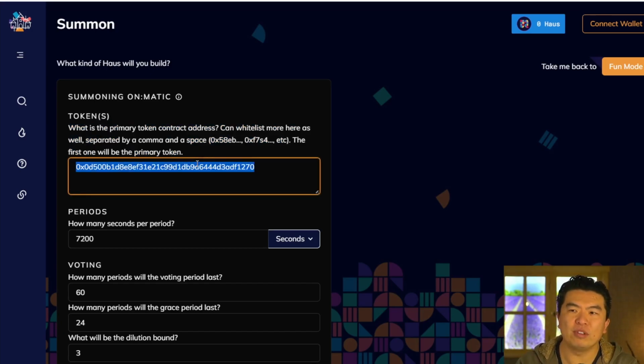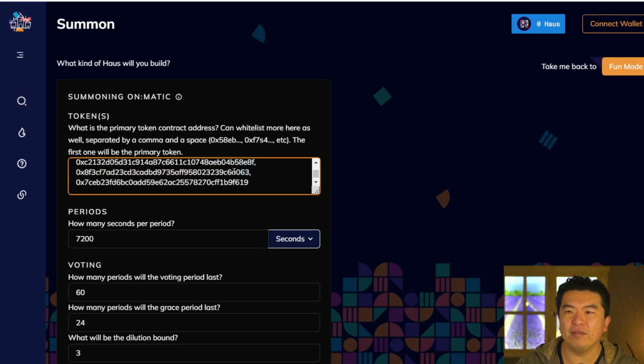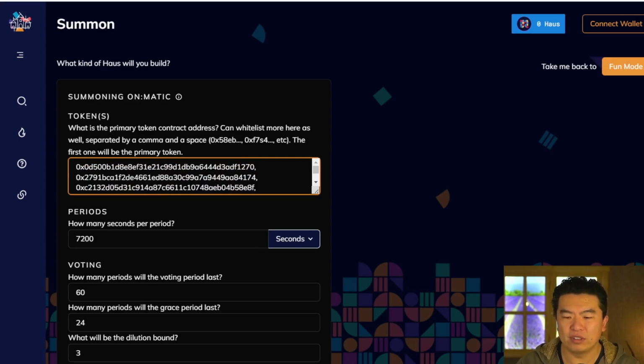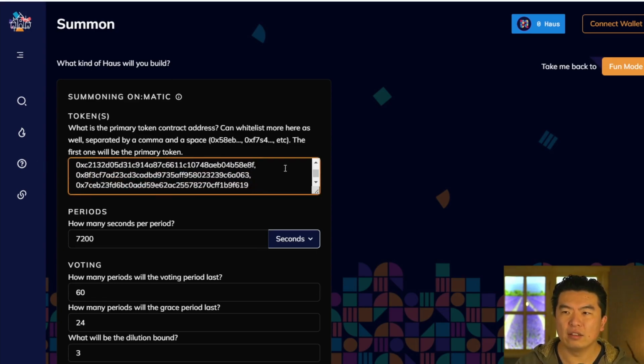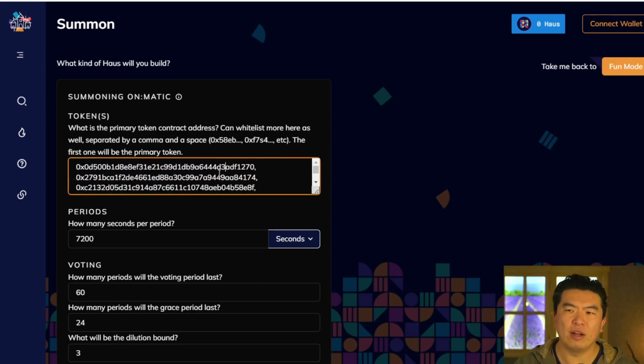So you can put down here the addresses of the tokens which you want to accept from the beginning in the DAO. Give me a sec, I think I still have the list here. Yeah, exactly. These are the 5 which I put in my DAO from the start. The 5 addresses which I used here are, I think, Wrapmatic, Ethereum, USDC, USDT, and DAI, right?